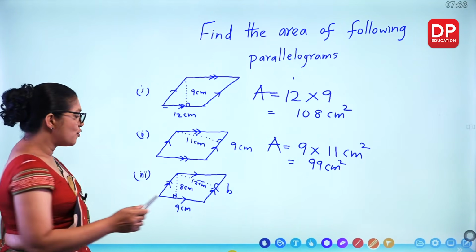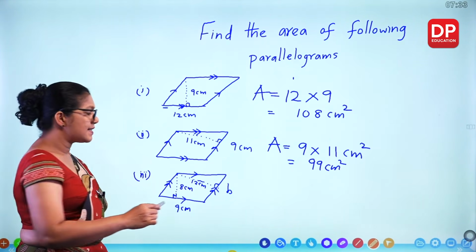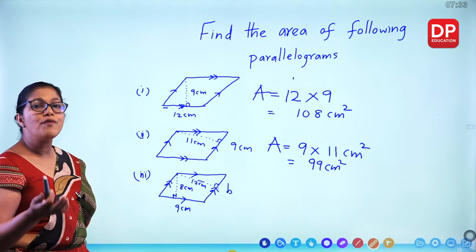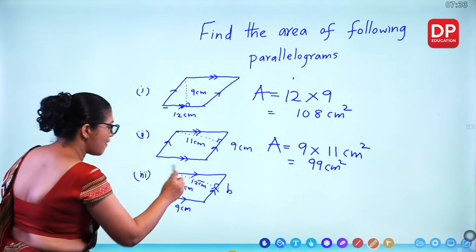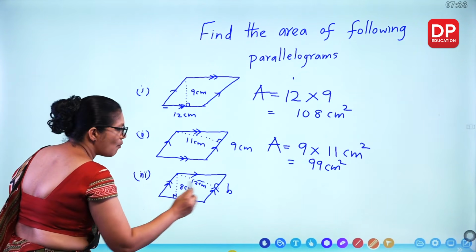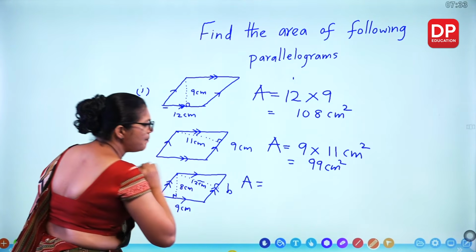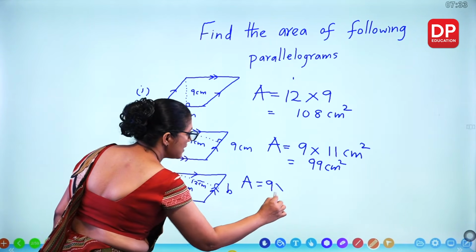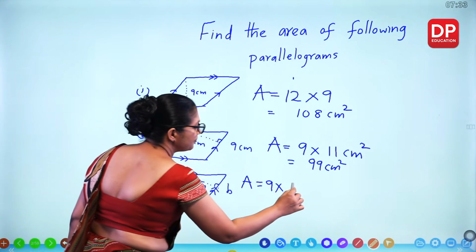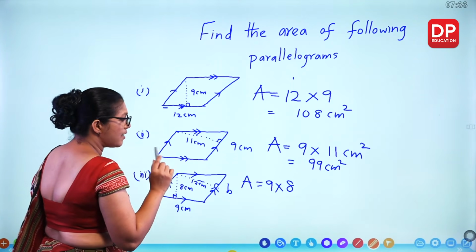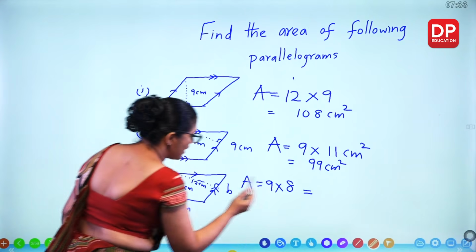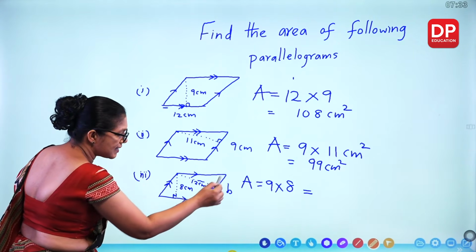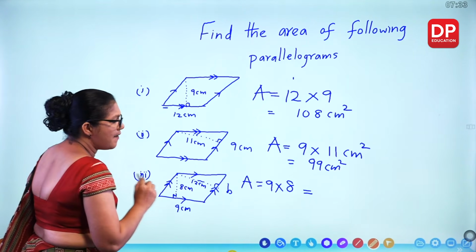We know if you take any side as the base, the area is the same. So we can equate. If I take this side as base, the area of this parallelogram is A equal to 9 times 8. And also, if you take B as the base, what's the area?